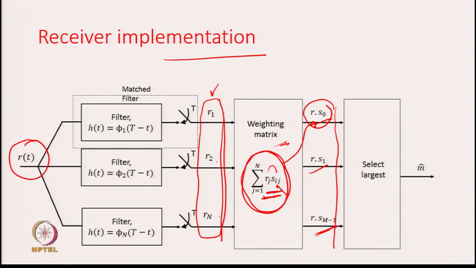So, it decides in favor of the signal which has the largest output for this operation. Namely, for example, if r dot S1 is largest out of all these inner product operations, then the receiver selects S1 as the possible transmitted signal. Okay. So, this happens in the receiver implementation.